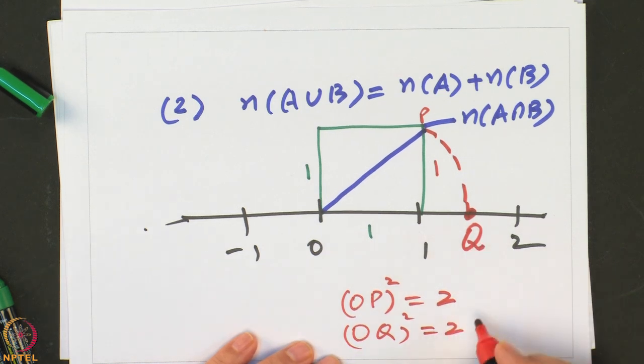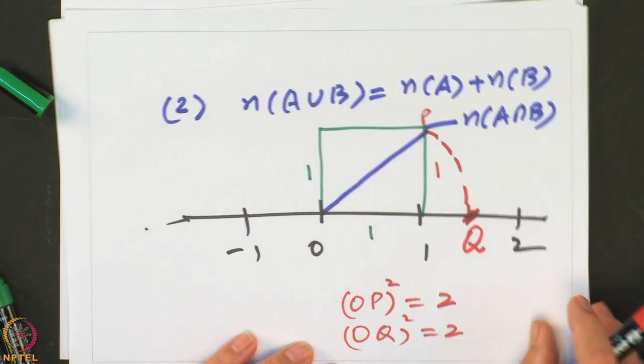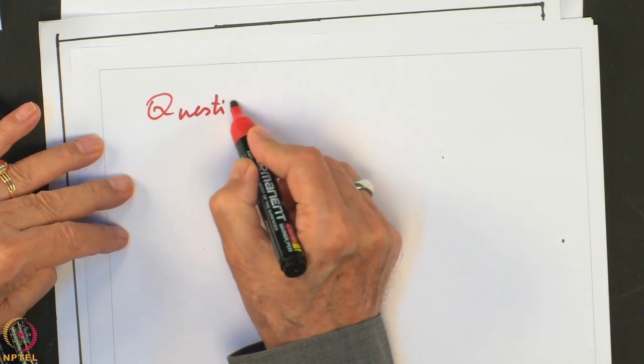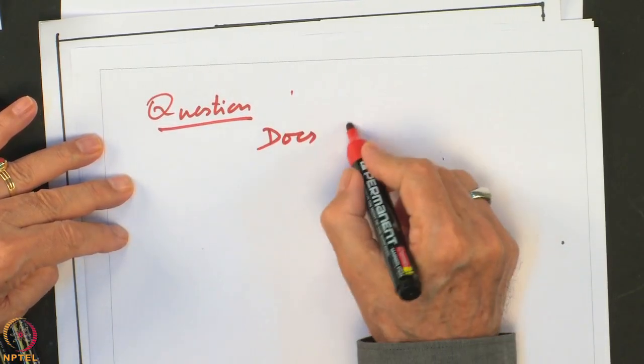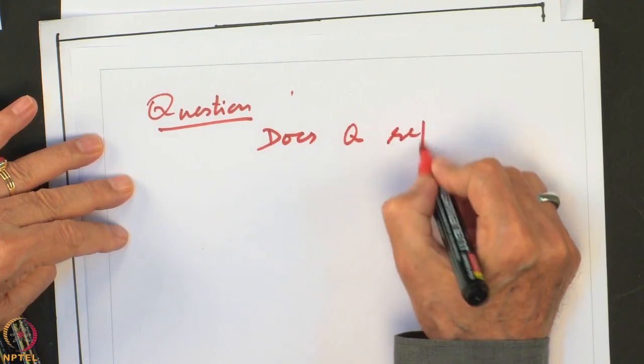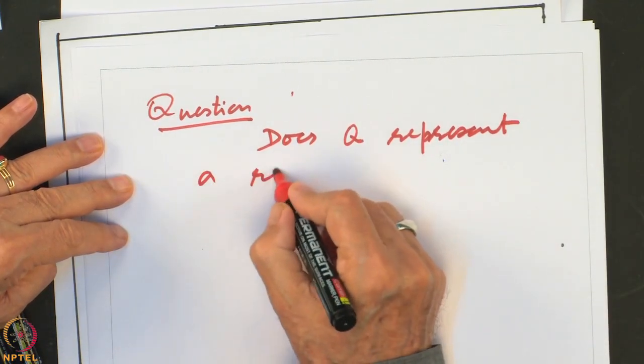Okay. That means OQ, what is this point Q? Does it represent a rational? So, question: does Q represent a rational?